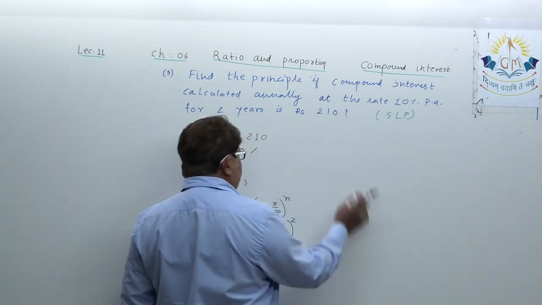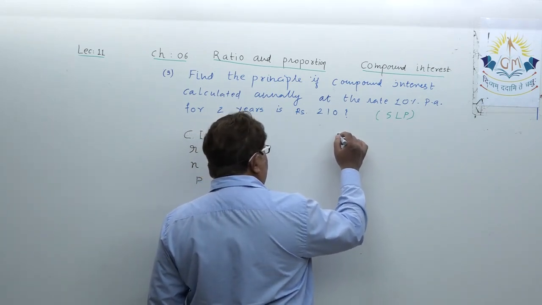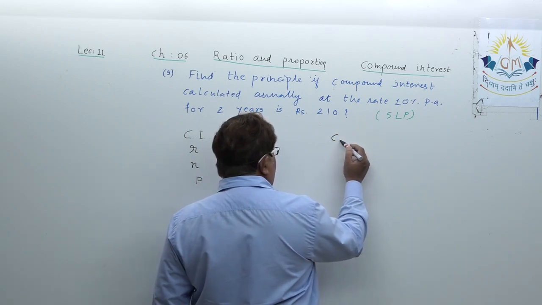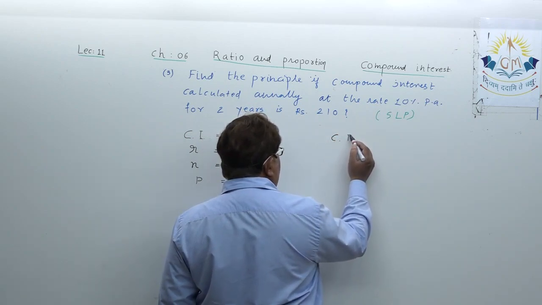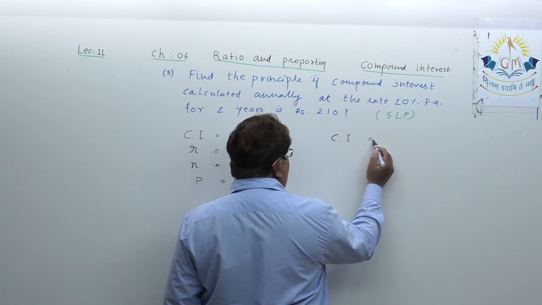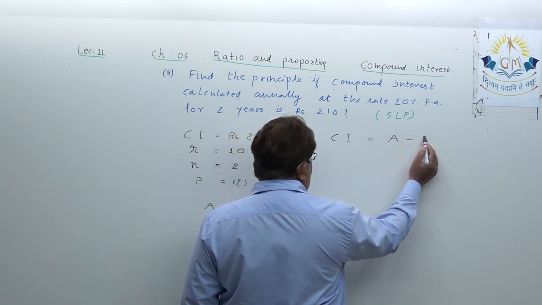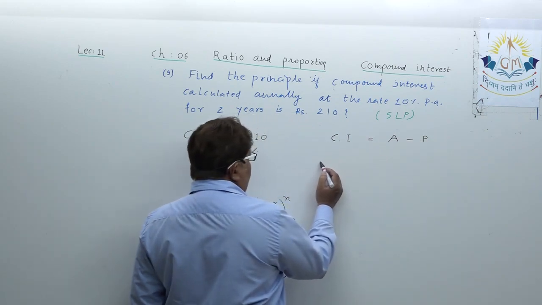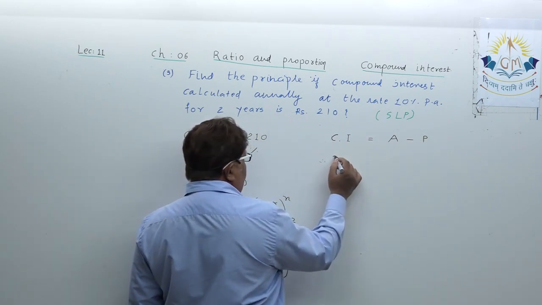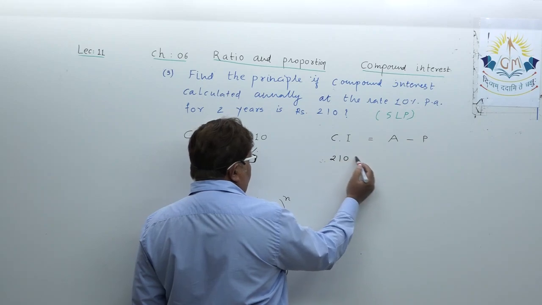Now, dear student, the third step, that is utilization of formula of CI, A minus P. CI is already given, 210.